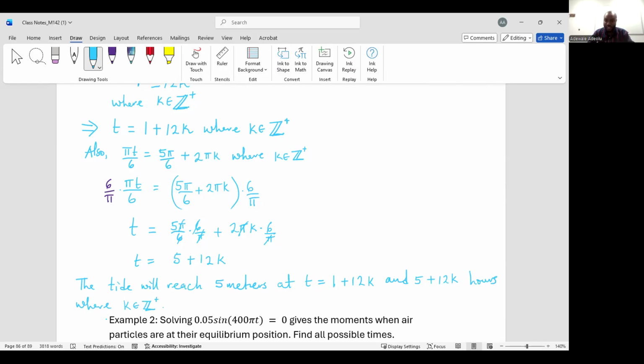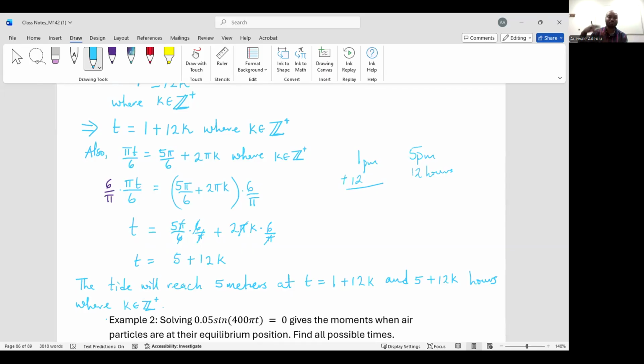So when k is 0, the first one will happen at 1 and 5 hours. So maybe one happens at 1 p.m. You are sure that another one will happen at 5 p.m. Now, plus 12, you know that after one period, you have another one happening at 12 hours added to that 1 p.m. And then you add 12 hours to this. So you know that another one is going to happen at that time, and it continues that way.